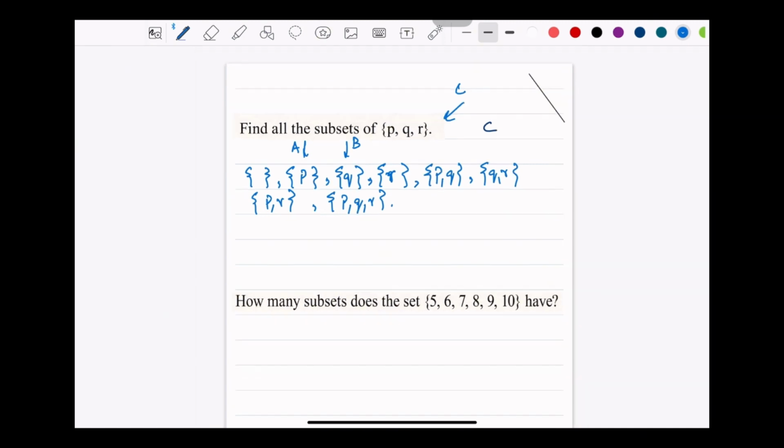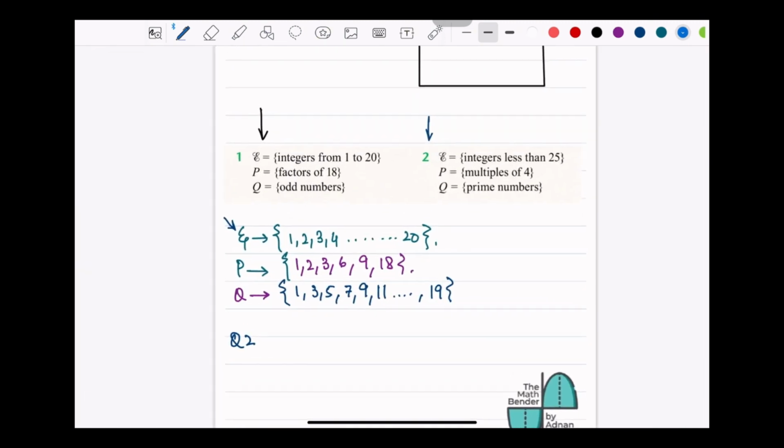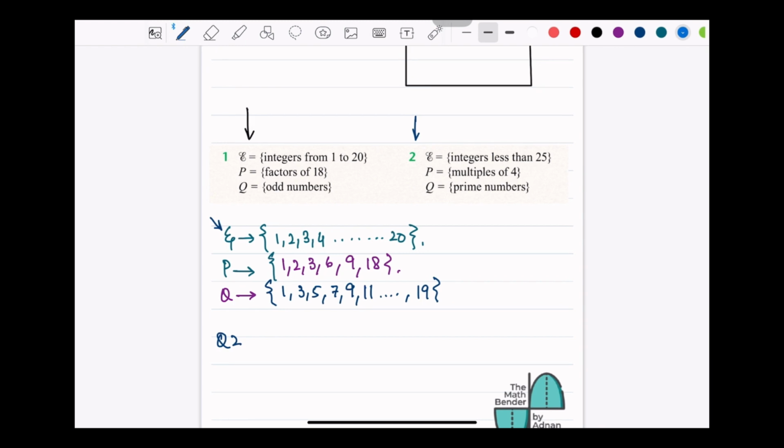In other words, in this question, all the elements of P and Q are subsets of the universal set. The universal set will always have the position where all the sets will be a subset of it.